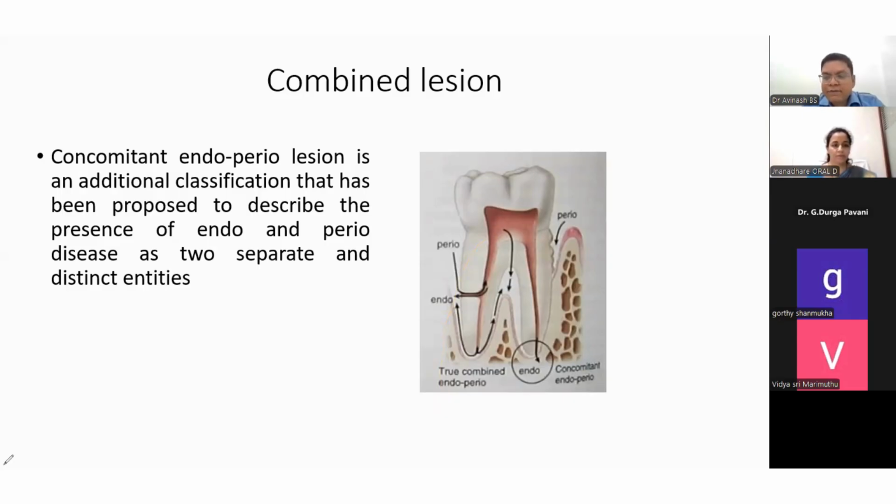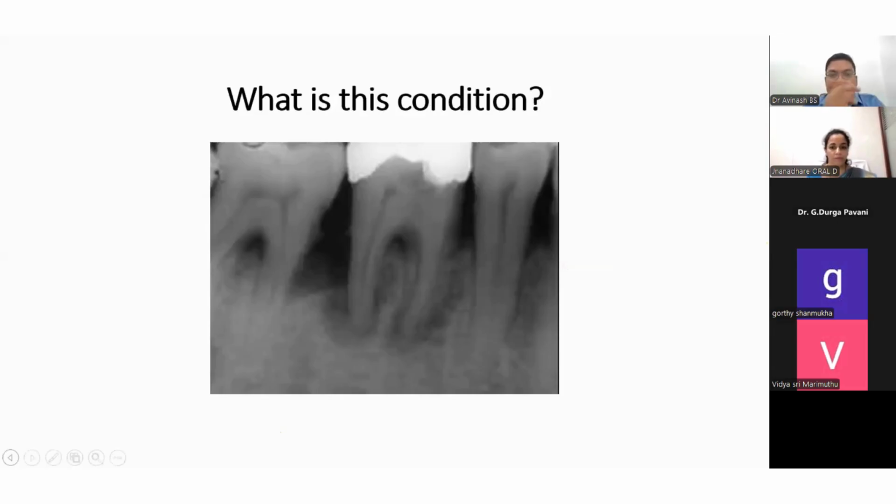Okay, so now we know different types of endoperio lesions. So how to treat this one? Before we go to the treatment, what do you think this is?